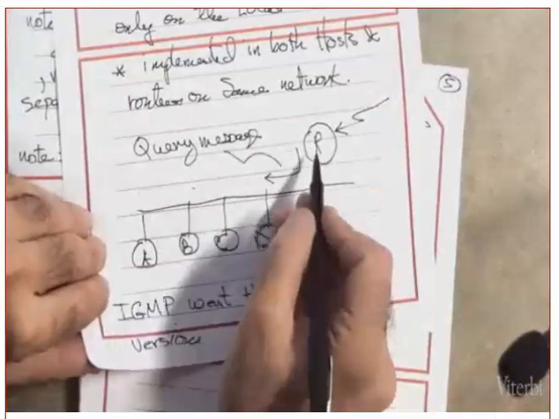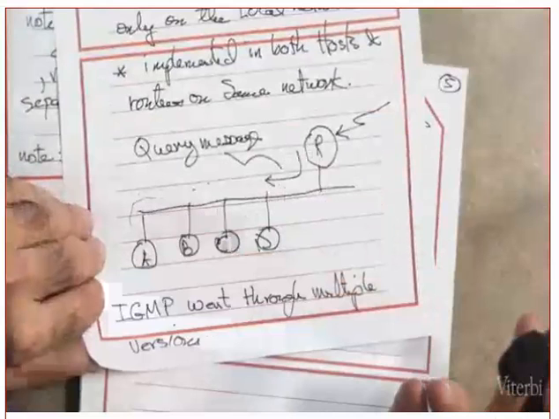Why? In other words, when he's sending a leave message for a specific multicast group, the router will immediately send a query message for that same multicast group to figure out if there are any remaining hosts which are interested in receiving the multicast group.